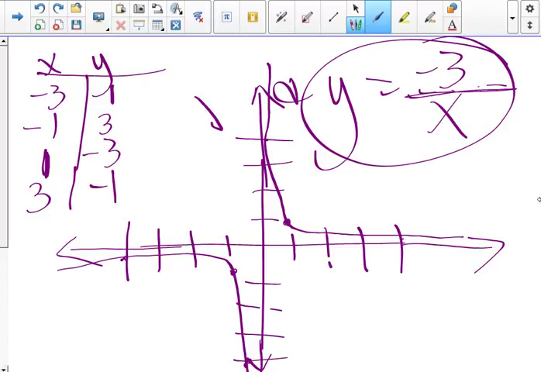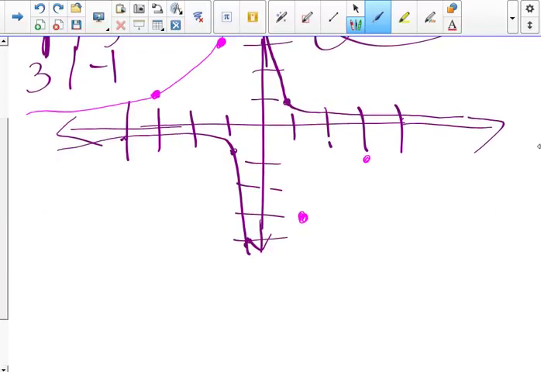So let me choose a different color. Negative 3 and positive 1 is there. Negative 1 and 3 is up here. That sort of shows me it's going to be like that. And then over here, 1 and negative 3 down here, and 3 and negative 1 there.